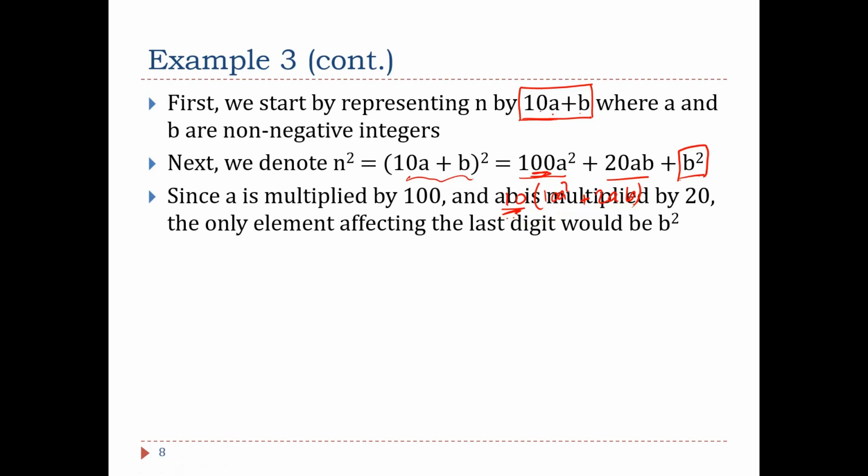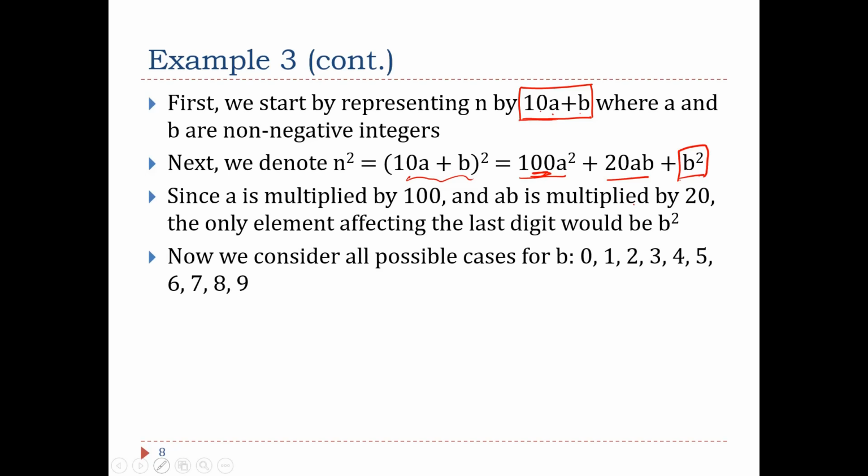In this case, we have to look into b squared and check that it cannot yield any of the values 2, 3, 7, and 8. And it is actually the case, because when you write your number as 10a plus b, b would be a digit between 0 and 9.